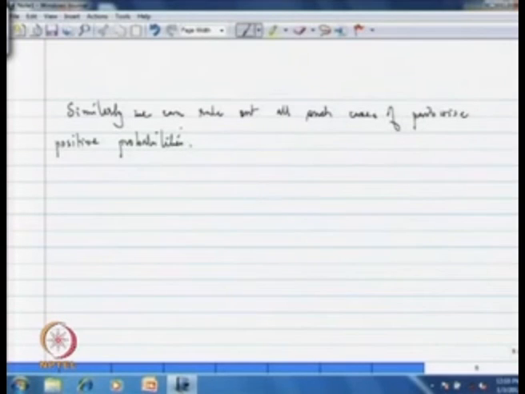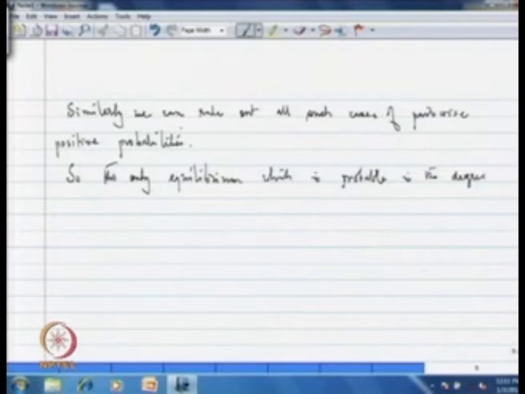So, the only equilibrium which seems to be probable is the degenerate case of Biot's strategy.